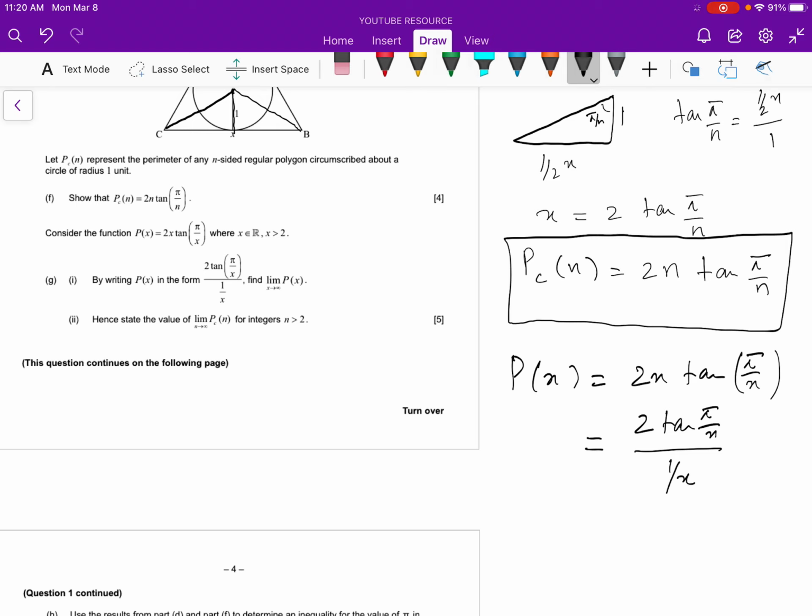If we apply the limit as x tends to infinity, we get infinity over infinity.